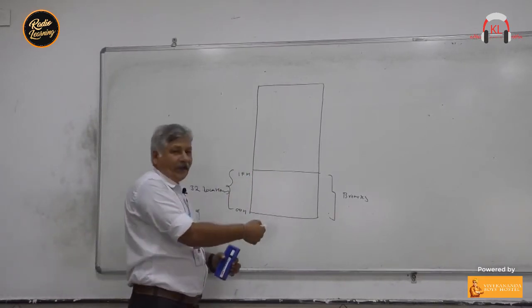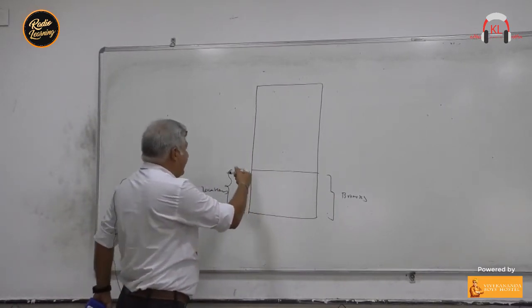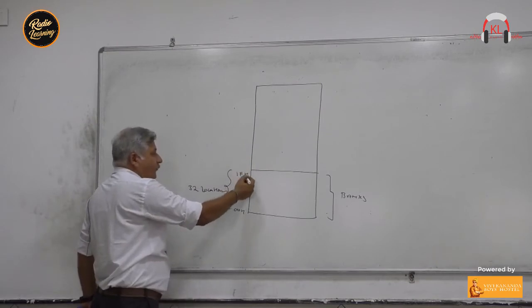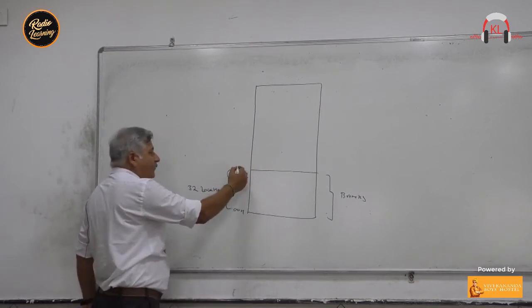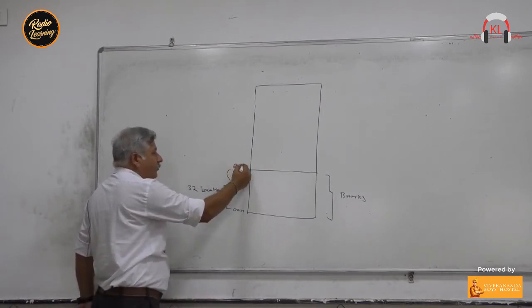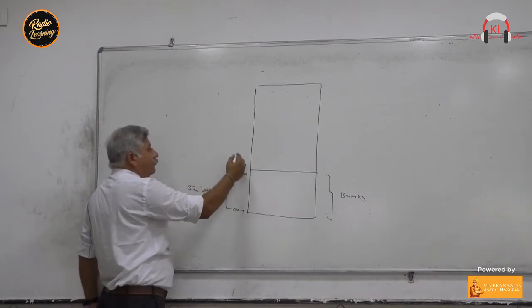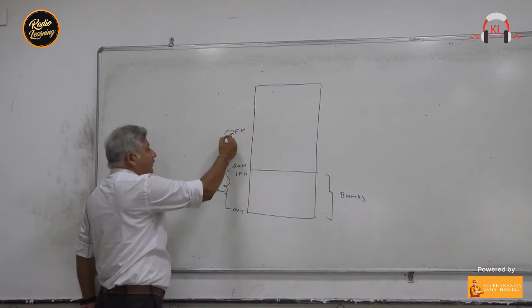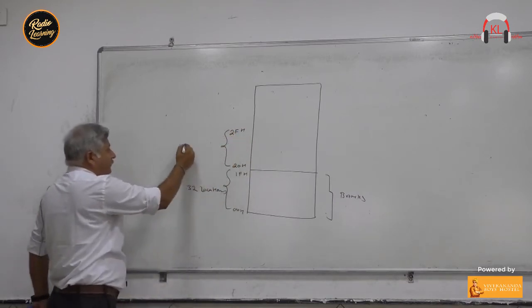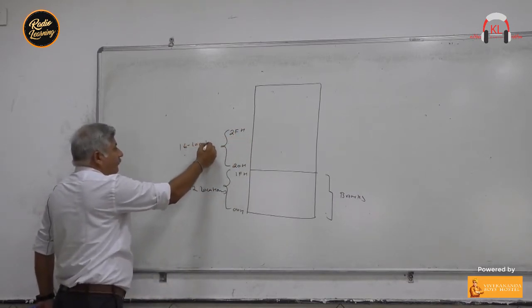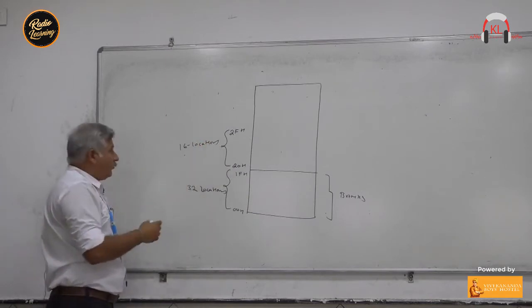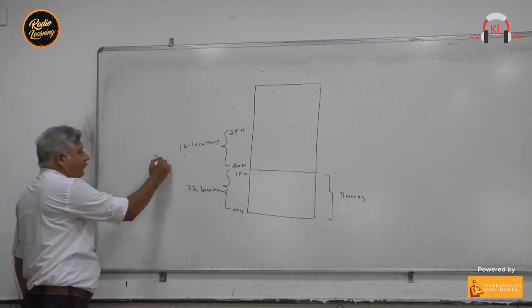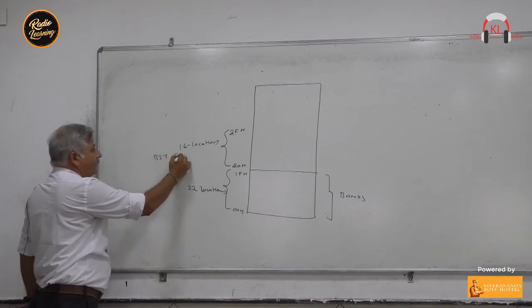After these 4 banks, the next address after 1FH, the next hexadecimal address, is 20H, right? From 20H to 2FH. These are 16 locations. And these 16 locations are bit addressable.